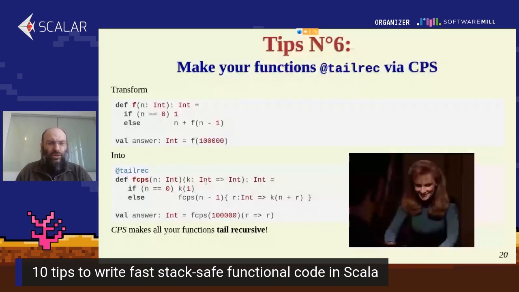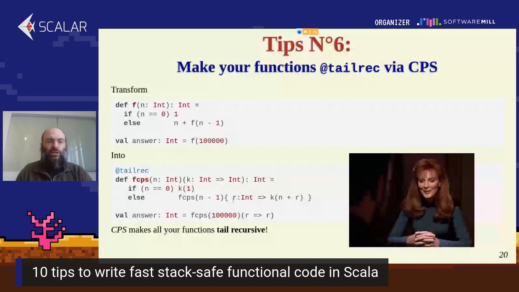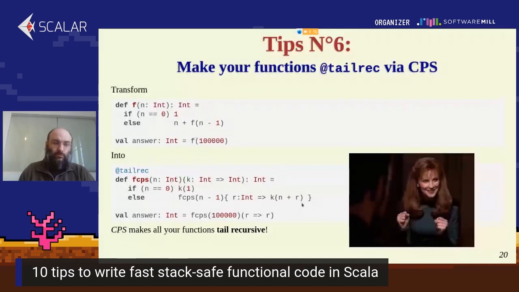So I call fcps with n minus 1, like in the top version, and I check the result. The result is r, but before calling k, I actually call k on n plus r, which gives exactly what we had before. And so it makes our function tail-recursive.